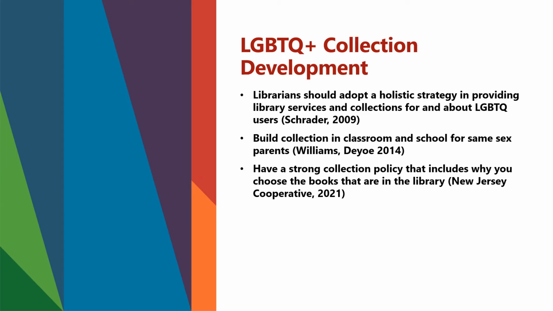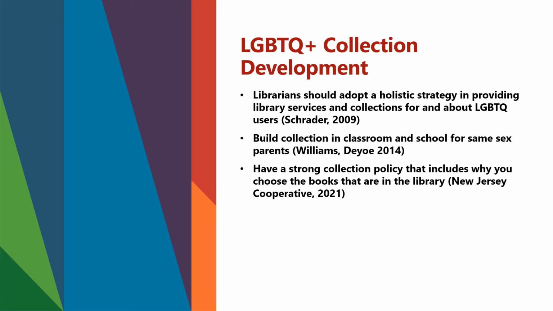And making sure that your collection is not just teen fiction, but also nonfiction and science materials, and that you have LGBTQ plus authors in all of your sections that you can in the library. That way the representation is everywhere.